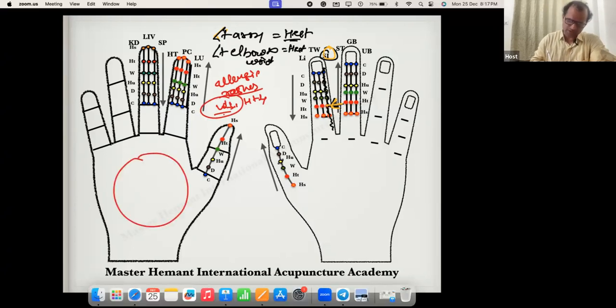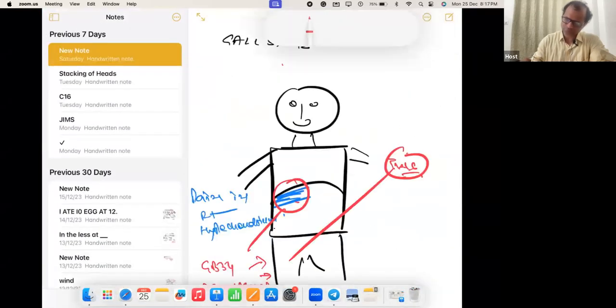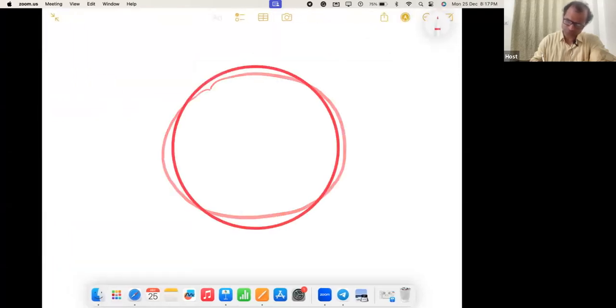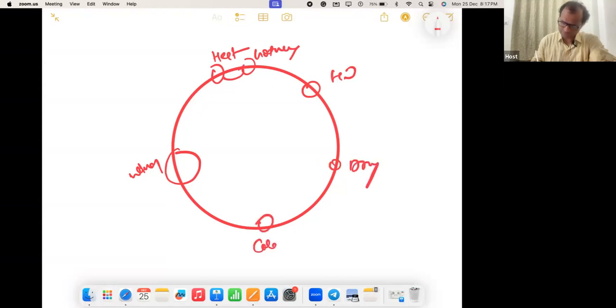As per the 5 element cycle, if we know bind, heat, hotness, humidity, dryness, and coldness, right? So let's talk about the grandmother rule. Grandmother, grandson rule.